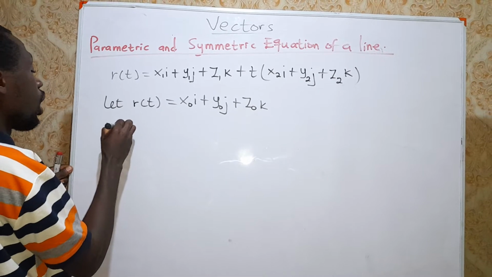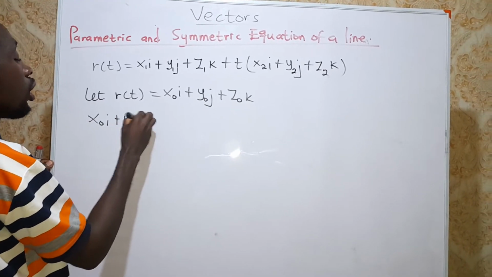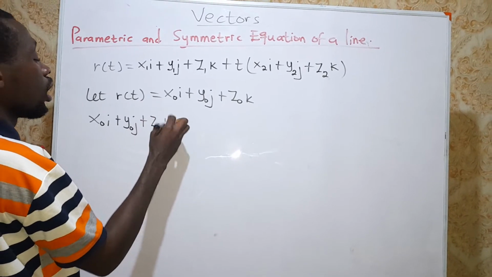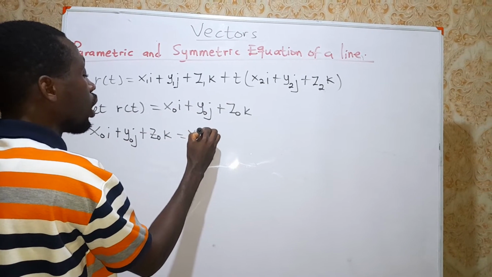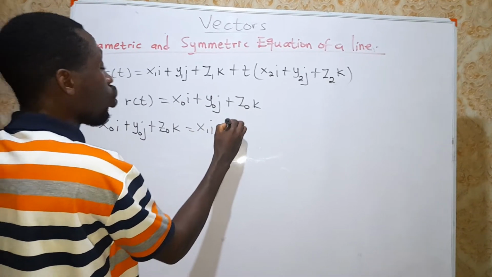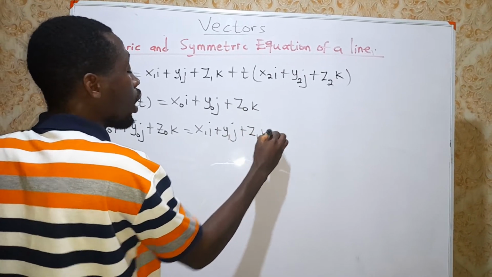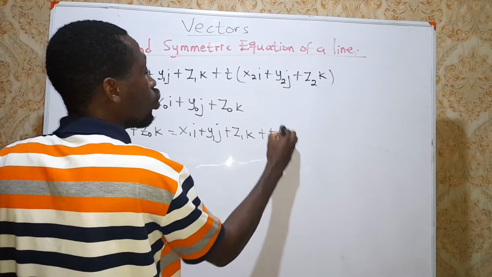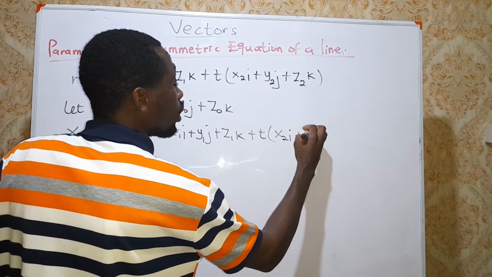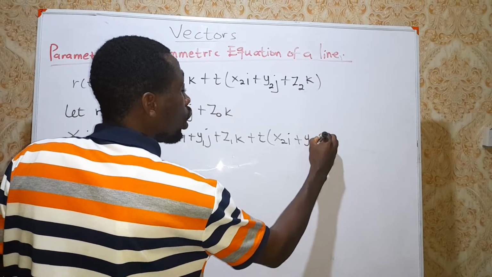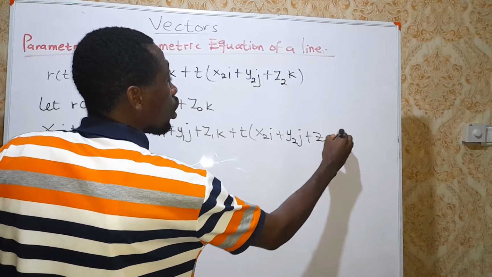We'll have x naught i plus y naught j plus z naught k equal to x1i plus y1j plus z1k, then plus t into bracket x2i plus y2j plus z2k.